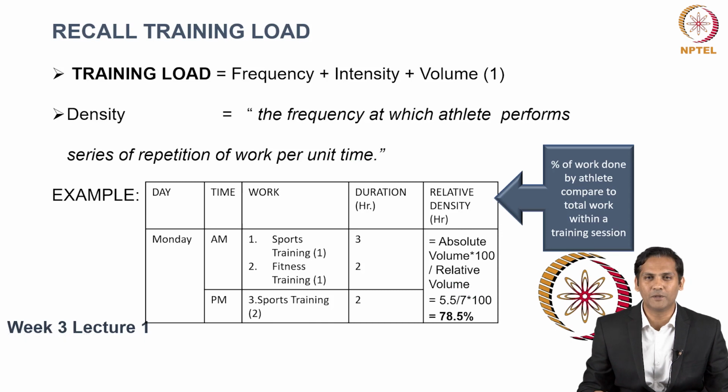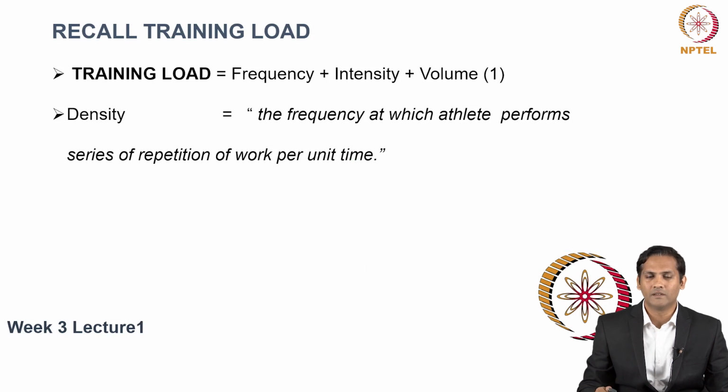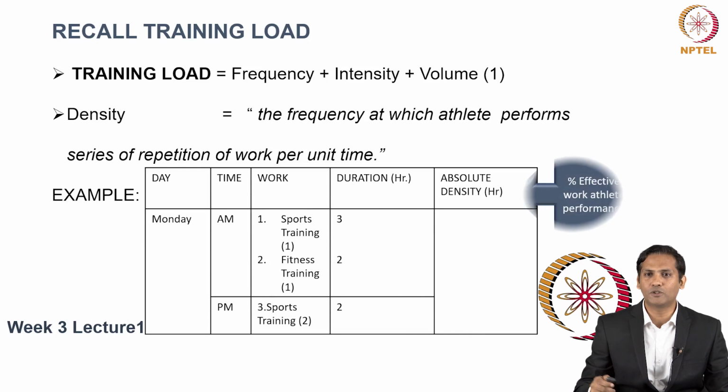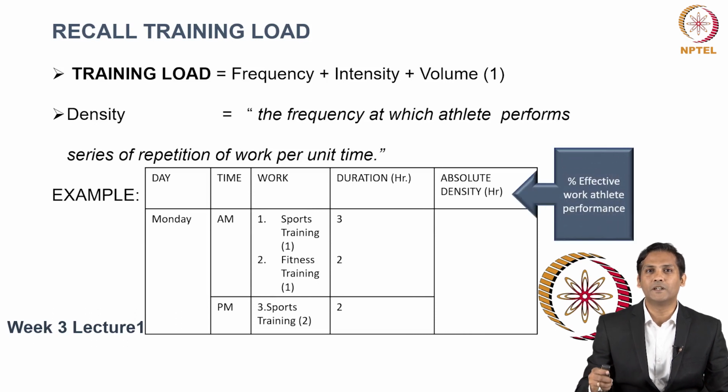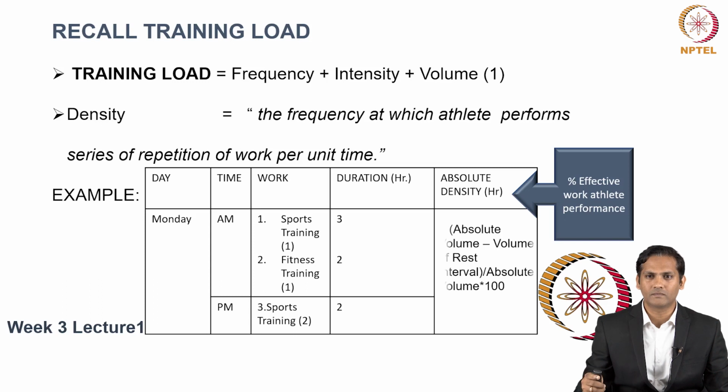But it doesn't give a complete picture. During this 7 hour period, we are not considering the rest interval. This is where another type of density is useful: absolute density, which is the percent of effective work an athlete performs. In this type of density, we exclude the rest interval. It is calculated by the formula: absolute volume minus volume of rest interval, divided by absolute volume, multiplied by 100.